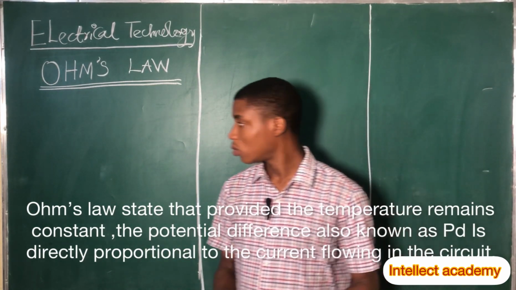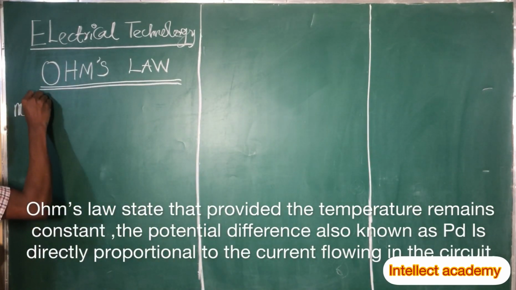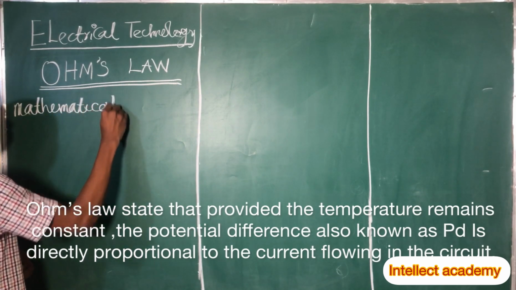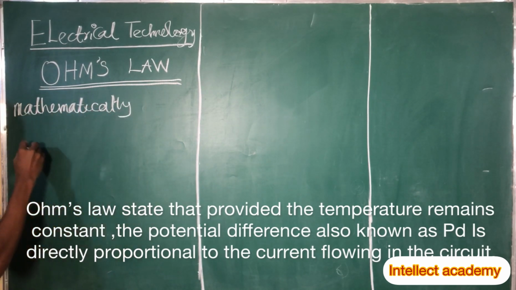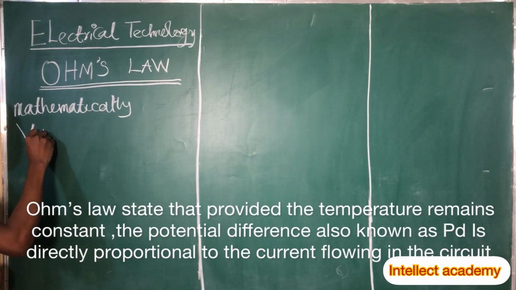So now, mathematically, we say that the voltage, which is also known as the PD or potential difference or terminal voltage, is directly proportional to what?